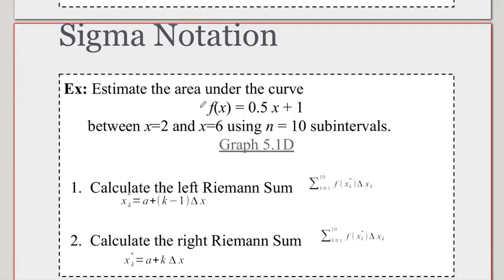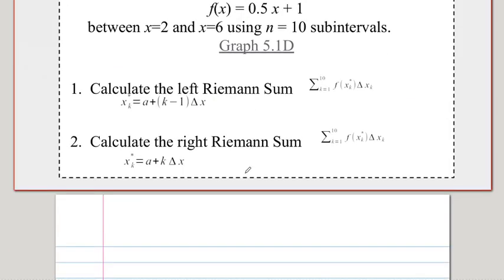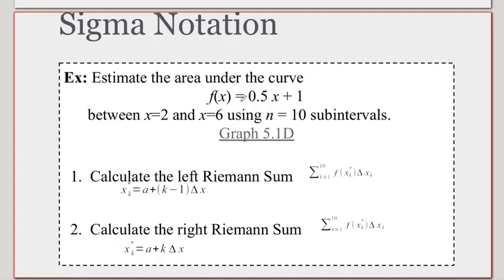I want to estimate the area under the curve of this function, 0.5x plus 1/2. Okay, let me calculate the left Riemann sum for this. So we want to estimate the area under this curve, 1/2 x plus 1, between the numbers 2 and 6, using 10 subintervals.